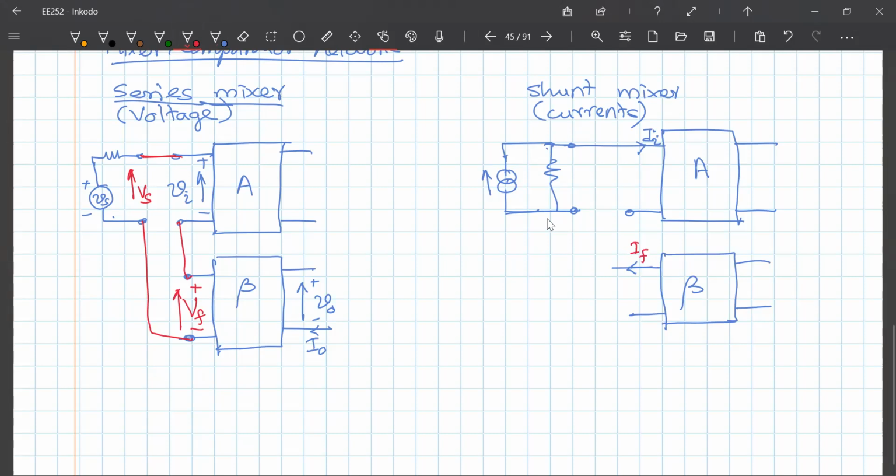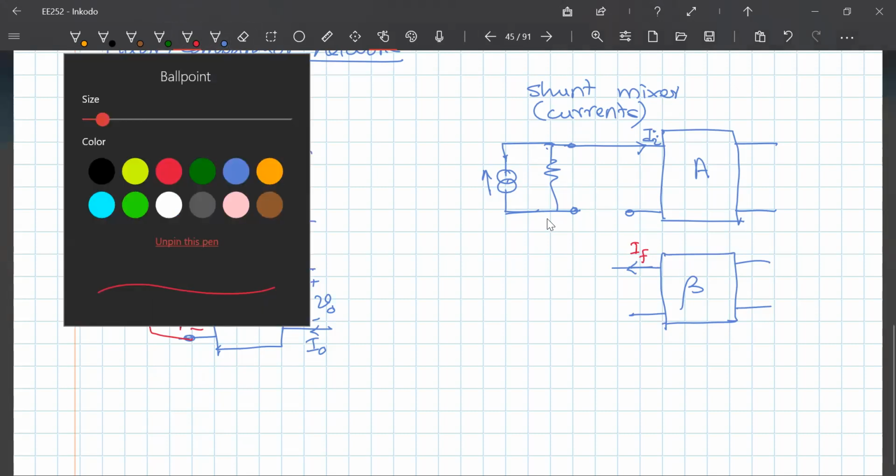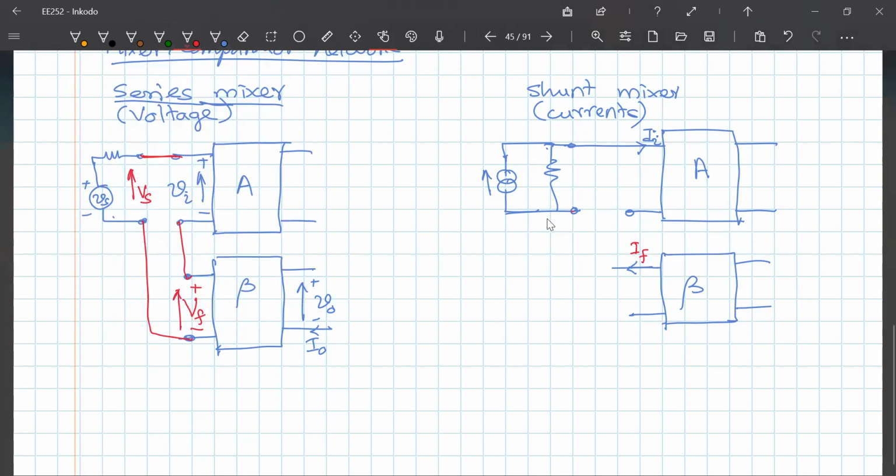Okay, so in order to do this, what do I have to do? The way I connect this is, I have to connect it in parallel, right? So initially there was a current IS going like that, out of which I have to take out some current, right? So therefore, part of this is going like that. So this is the direction of IF.